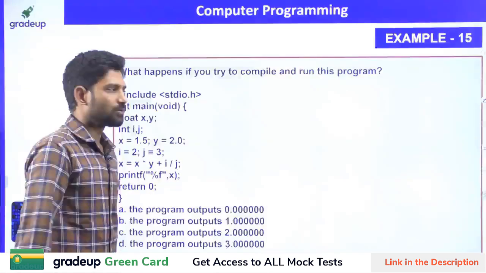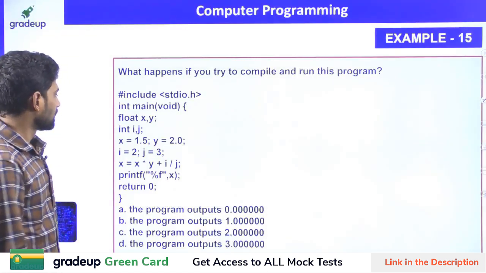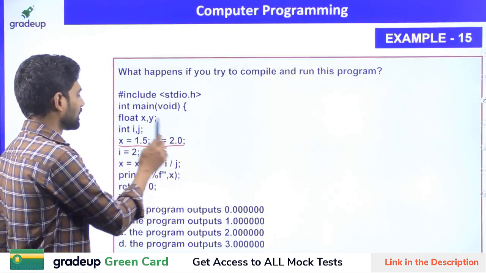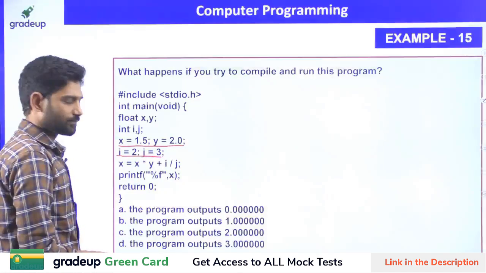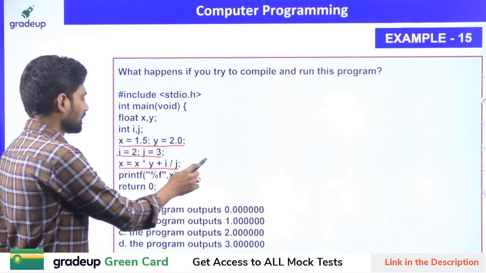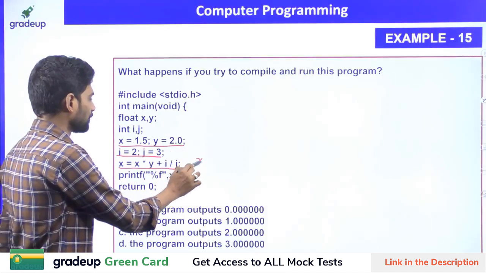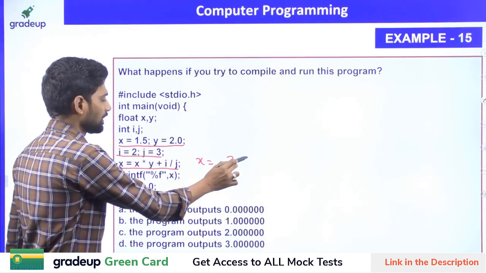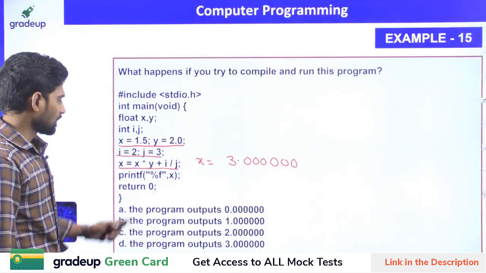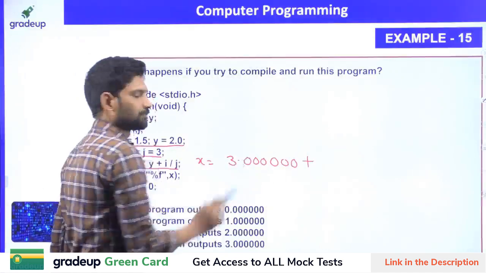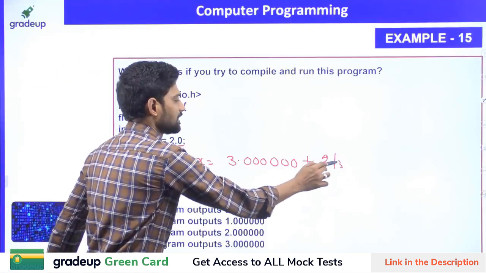What happens if you try to compile and run this program? Let's see. x is equal to 1.5, y is equal to 2.0, i 2, j 3. x is equal to x into y, 1.5 into 2.0, that is 3.000000, plus i by j, 2 by 3, which is 0.